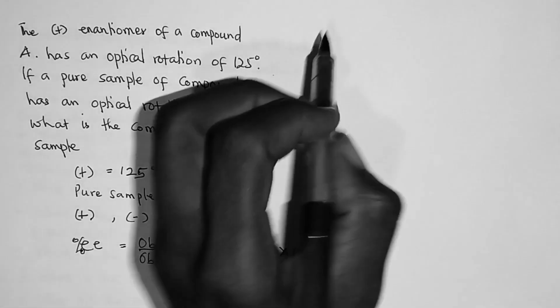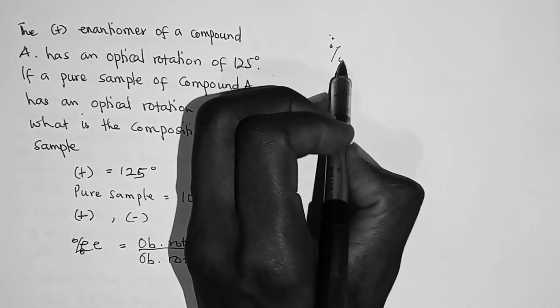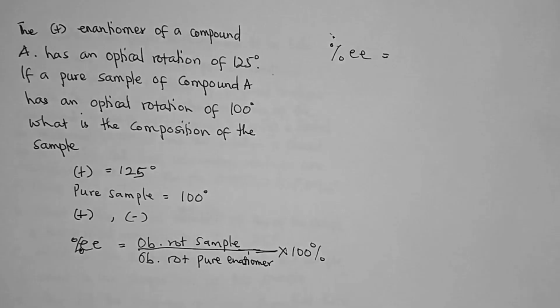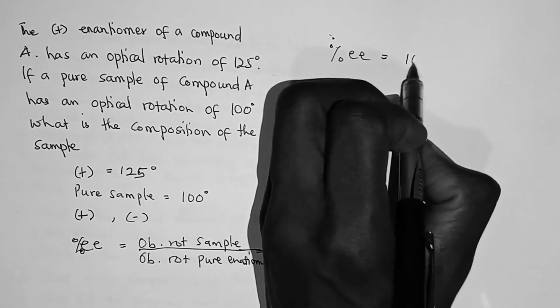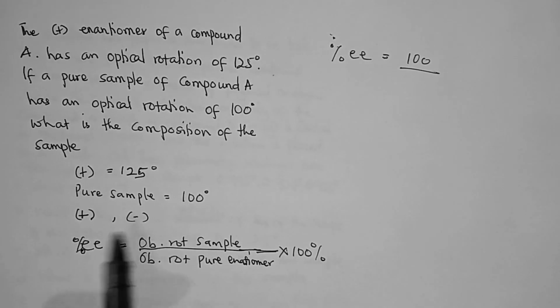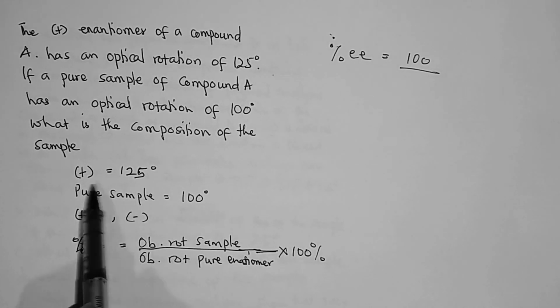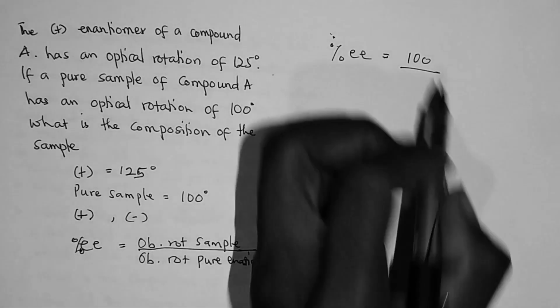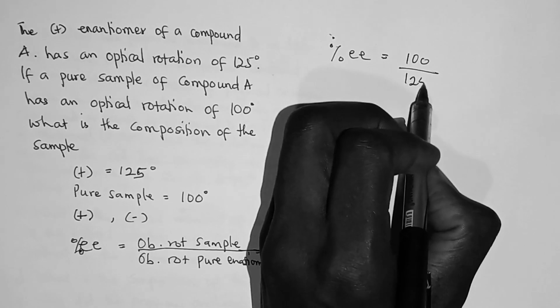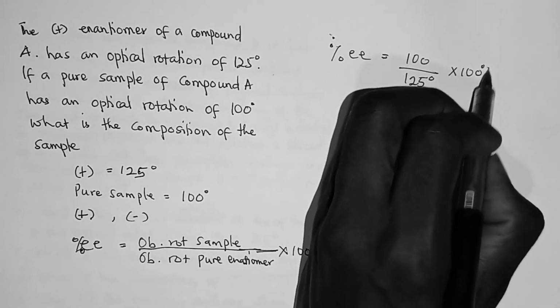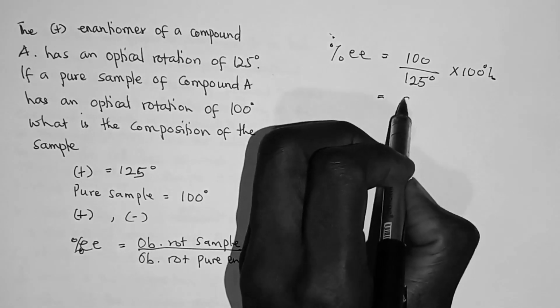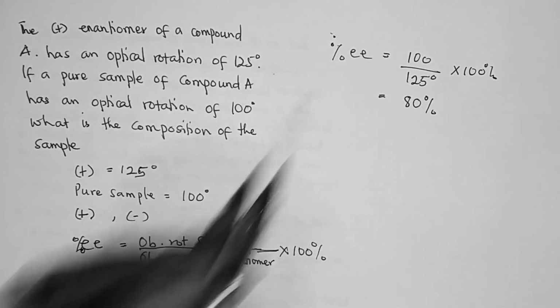Let's go ahead and calculate. Enantiomeric excess is equal to the observed rotation of the sample is 100 degrees divided by the observed rotation of the pure enantiomer, in this case, which is the plus enantiomer, is 125 degrees times 100%. And if you compute this, you get 80%.